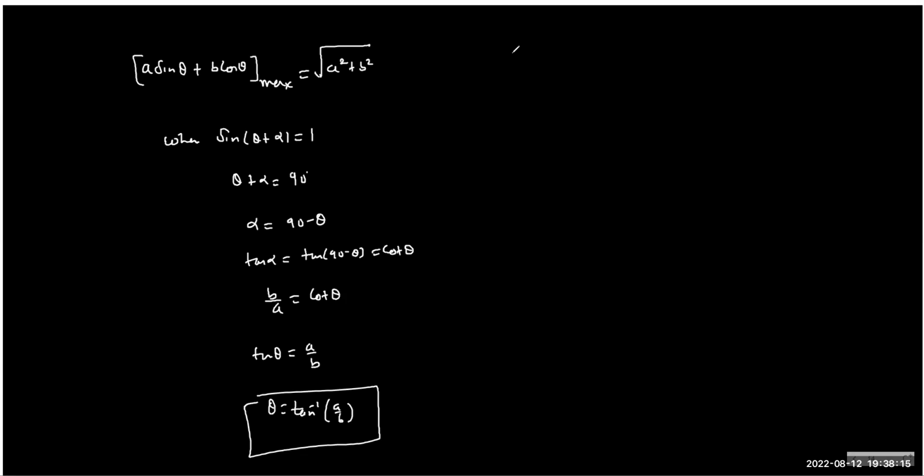So you will get to see the application very soon in the chapter of Newton's laws of motion. If I ask you, what is the maximum value of this, where mu is some constant?